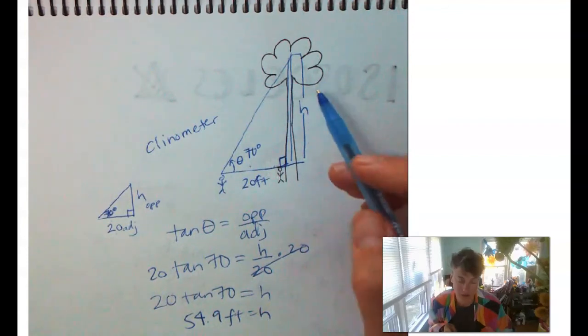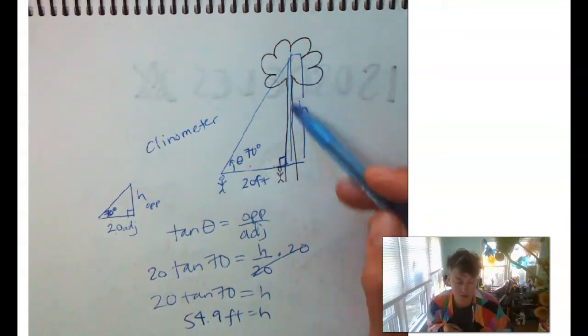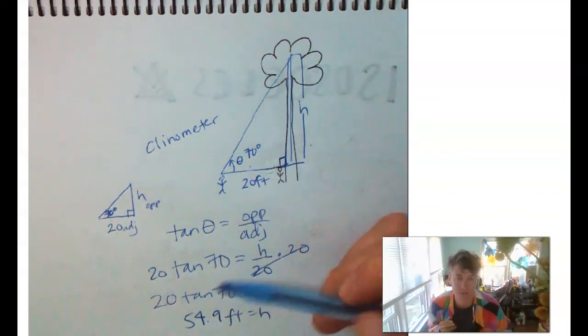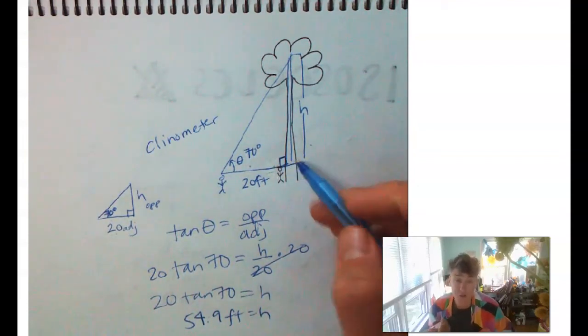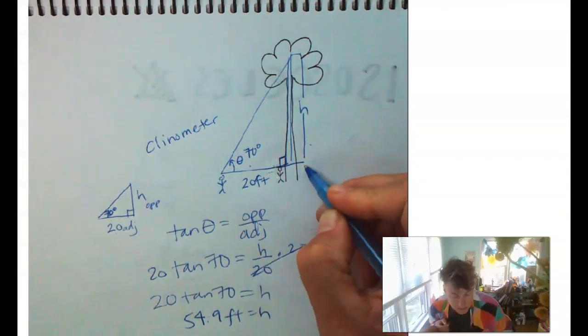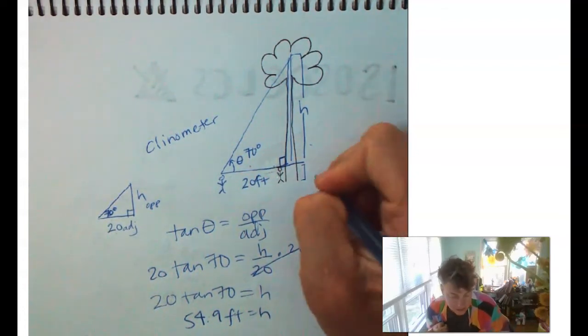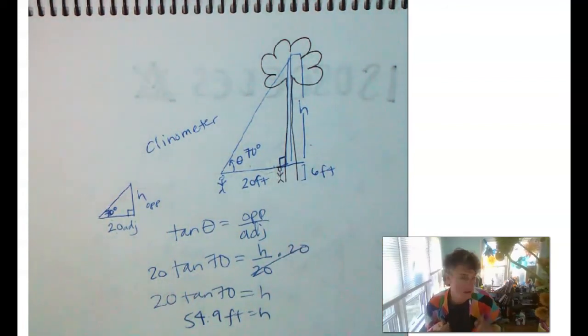Actually, pretty close. So this H, from the top of the tree to where we looked at it, is 54.9 feet. But we really want the whole height of the tree. We've got to think about this part. How tall are we? Let's say, for simplicity, we are 6 feet tall.